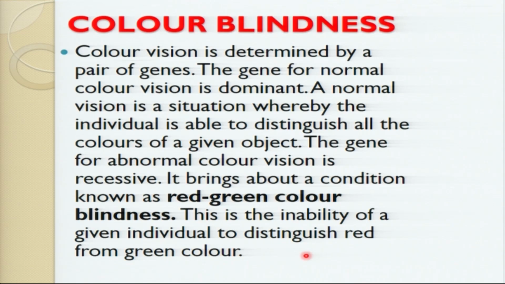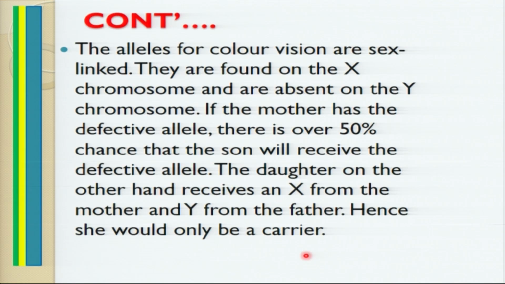The gene for abnormal color vision is recessive, of course. It brings about a condition known as confusion of color, green and red color blindness. This is the inability of an individual to distinguish red from green.